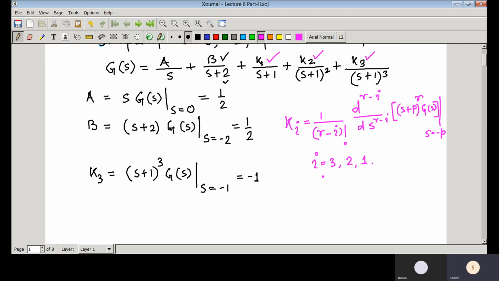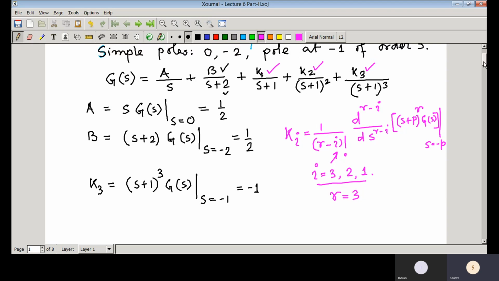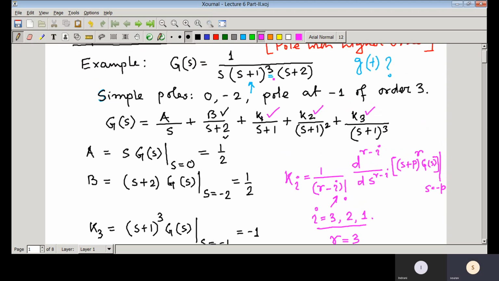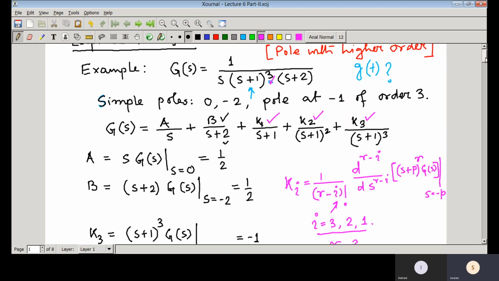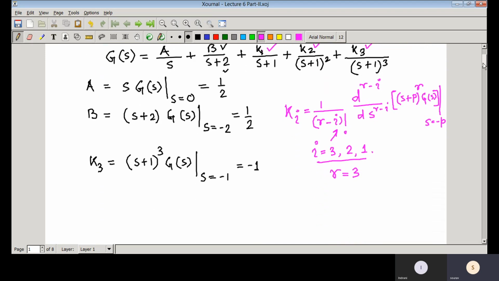So that's why this i is equal to 3, 2, 1. Now if you replace this i equal to 3 here, and in your case r is equal to 3, because the order is 3 here. So r equal to 3, and r is actually the order.